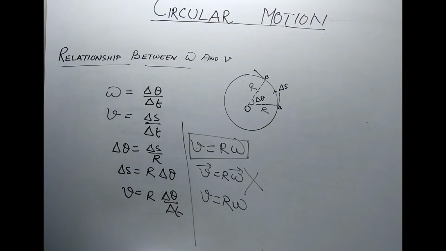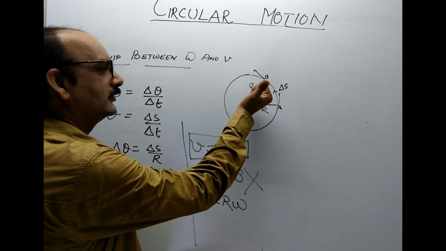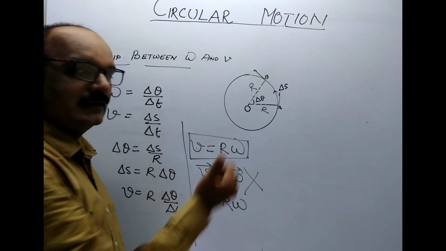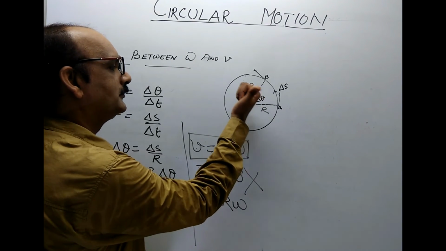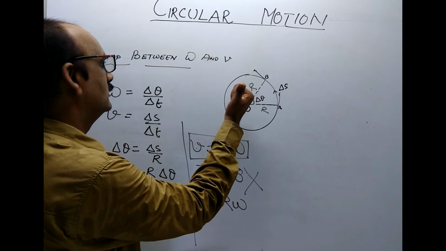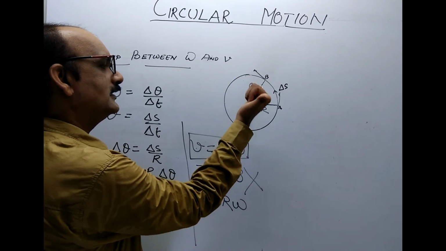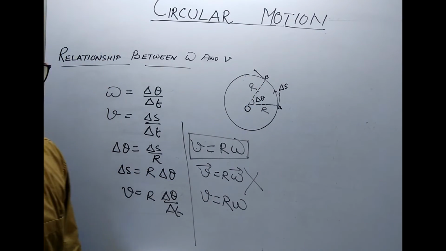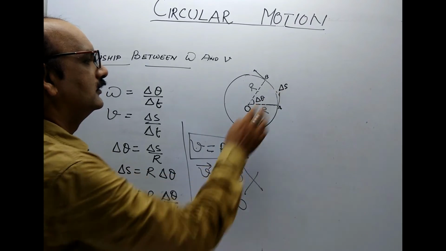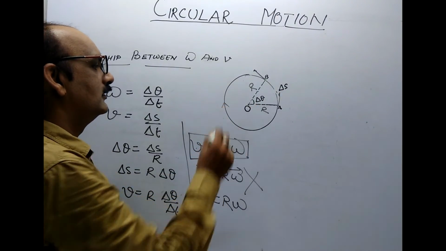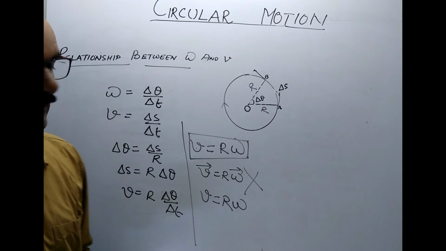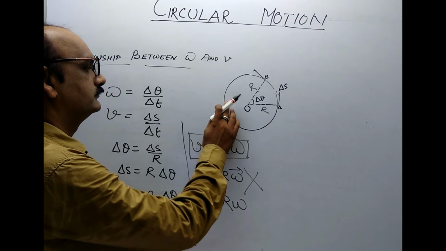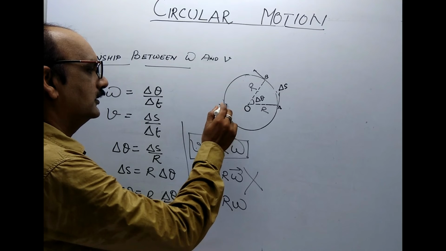And direction of angular velocity is given by the, again, right hand thumb rule, curl finger in the direction of motion of the particle, and thumb will give the direction of the angular velocity. In this case, it will be outward direction. अगर इसकी डायरेक्शन इस तरीके से होती, in this case, angular velocity will be in inward direction. ठीक.